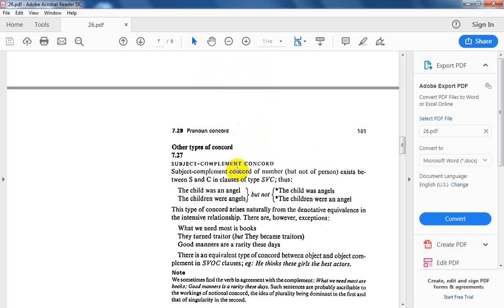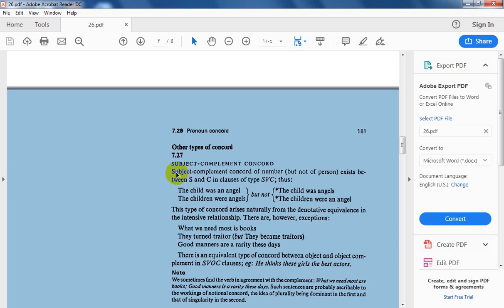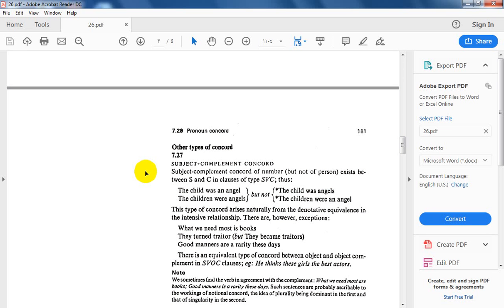There is a concord between the subject in the sentence and its complement in the same sentence. It exists between S and C in clauses of type SVC.